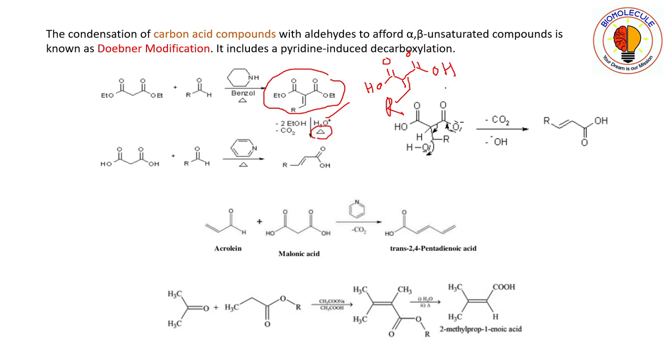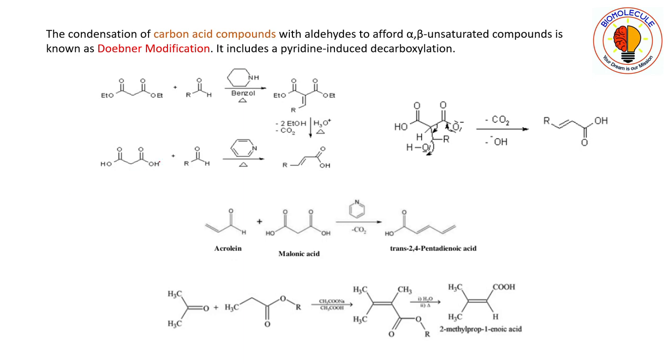You can consider this compound as a beta keto acid. So beta keto acid undergoes decarboxylation to give you the final product. So how does this decarboxylation take place? Sorry, not decarbonylation, it's decarboxylation.